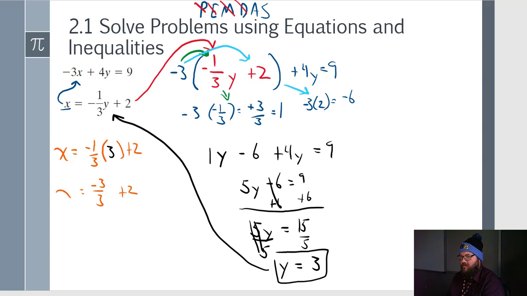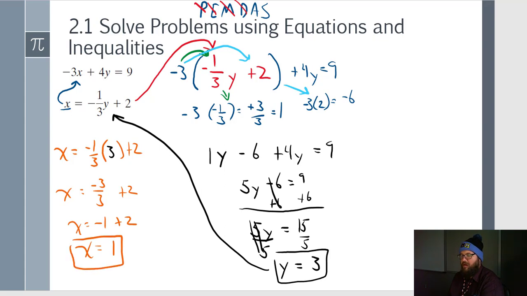We're left with x. So x is going to equal negative 3 over 3, which is negative 1, plus 2. And therefore, we're just going to combine the two. That's like saying 2 minus 1, or negative 1 plus 2. If we're taking 1 away from 2, we're left with 1.